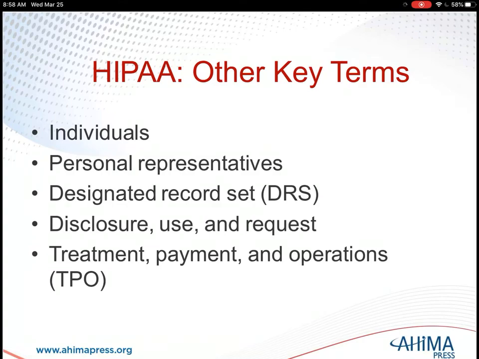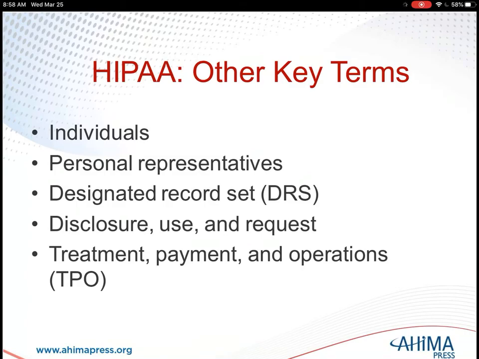Okay, then we have personal representative. This gives a little more clarity through the privacy rule, because this is a person that has legal authority to act on behalf of another adult, an emancipated minor, an unemancipated minor, or a deceased individual. So they are treated as the personal representative under the privacy rule.